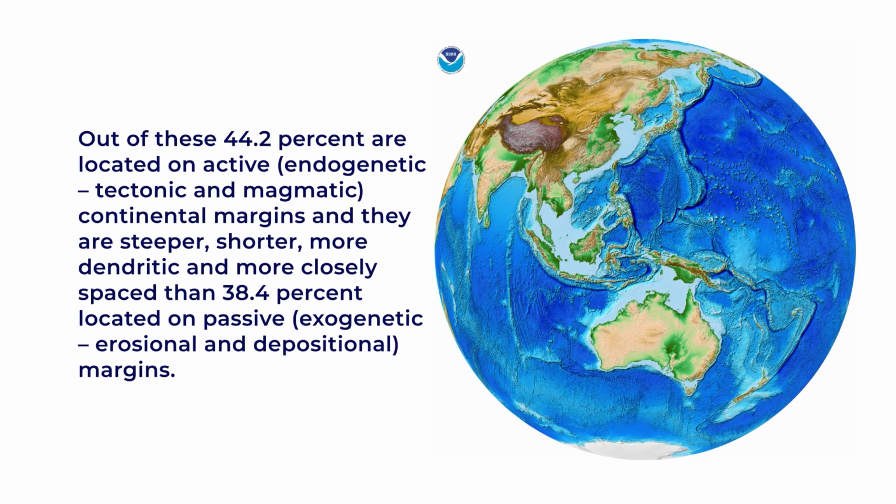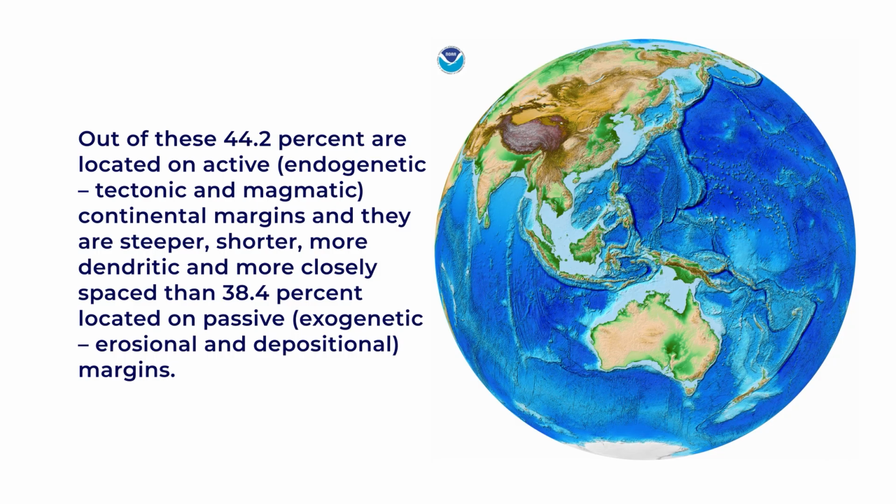Out of these 5,849, about 44% are located on the active continental margins. Active continental margins are again the unstable areas, which are geologically unstable. These are associated with endogenetic processes like tectonic activities and magmatic activities.